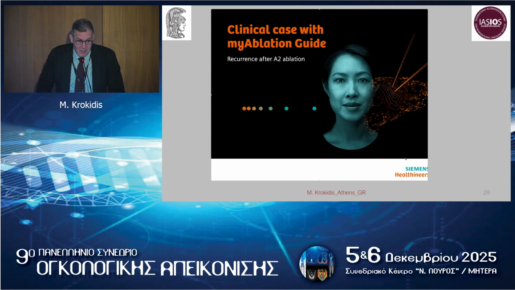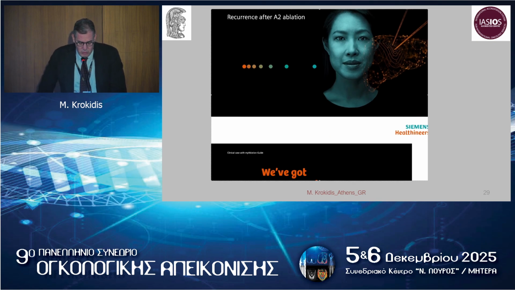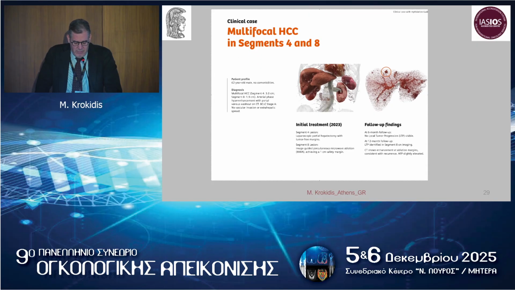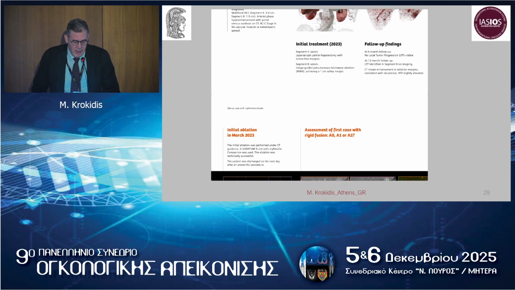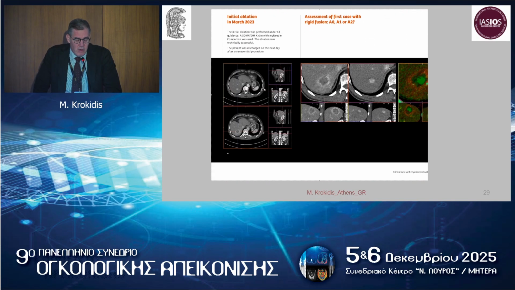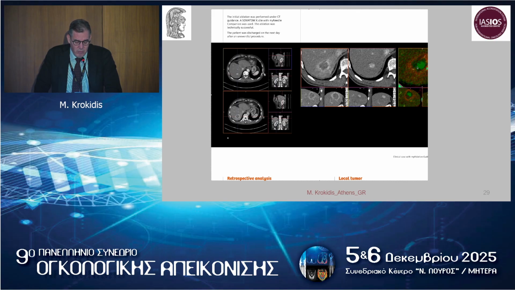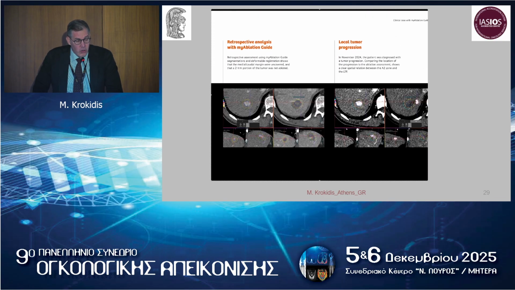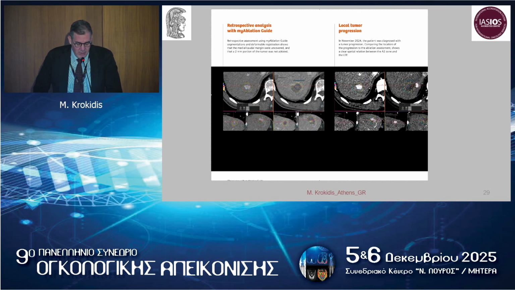And we have some commercial systems available, as you may see. So this is from a specific company, of course, and these are products that could be used for fusion, for targeting, for navigation, but also for prediction of the outcome.